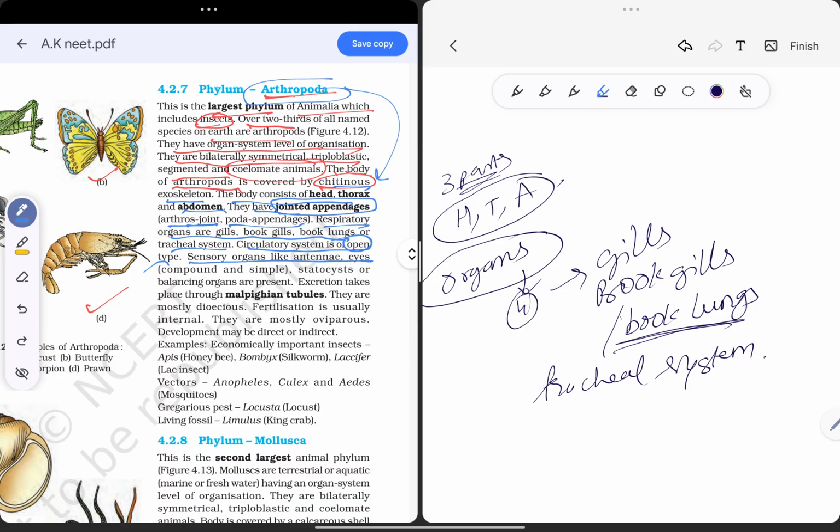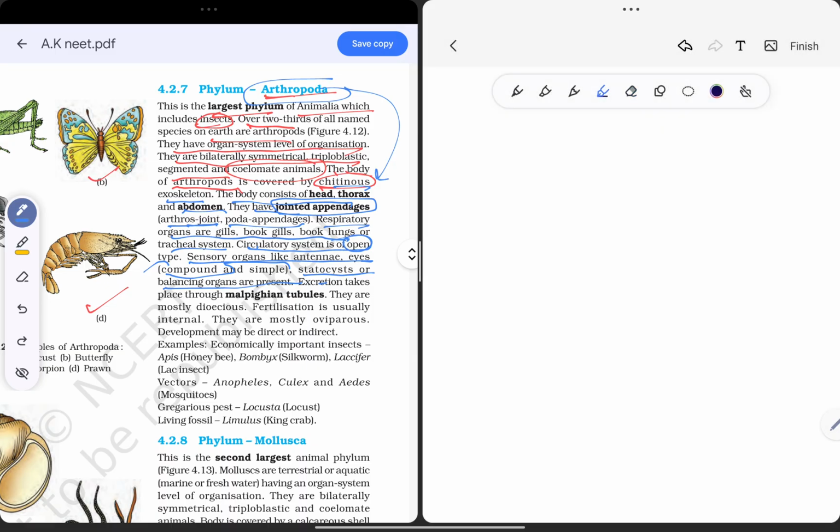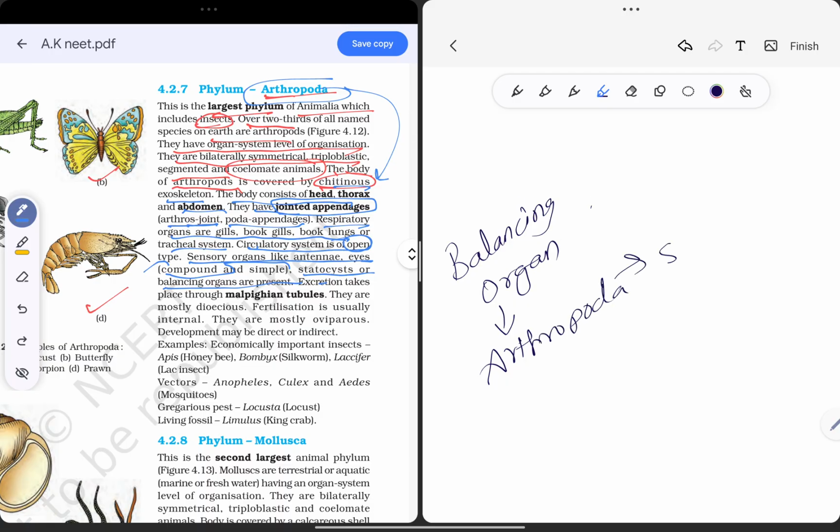Sensory organs like antennae, eyes, which can be compound or simple, and statocysts or balancing organs are present. Another important point you should remember is that arthropods have a balancing organ called statocysts, which is a sensory organ.